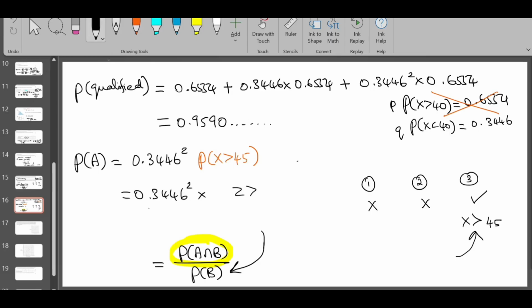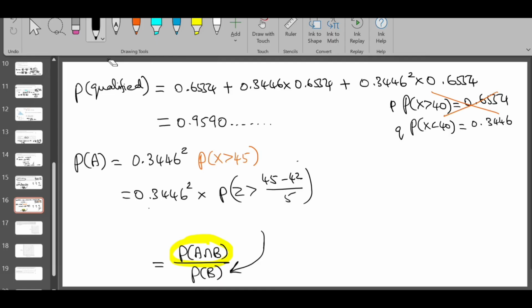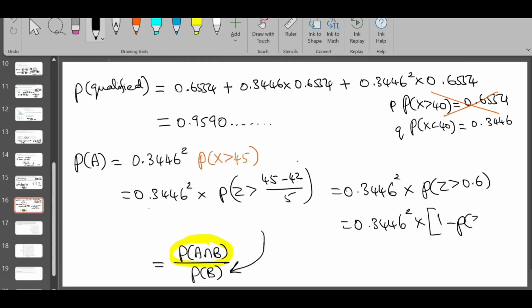Standardize this. Z is greater than 45 minus mu over sigma, which is Z is greater than 0.6. So 0.3446 squared times P of Z is greater than 0.6, which is 0.3446 squared times the area on the right hand side, which is the same as 1 minus the area on the left hand side of 0.6.